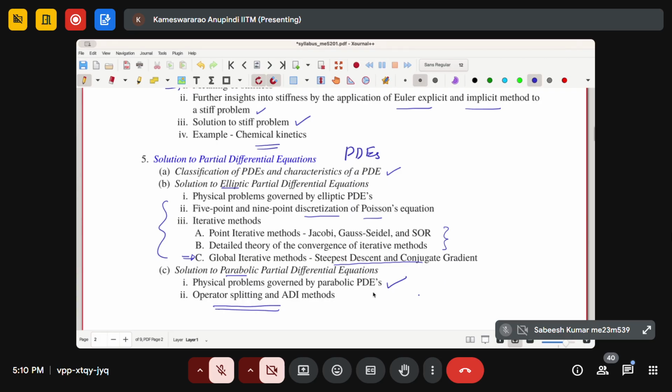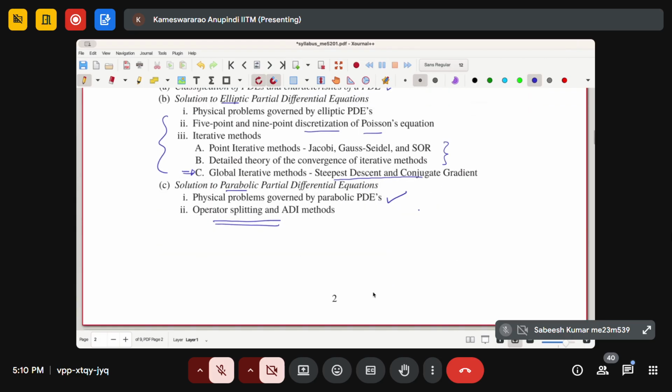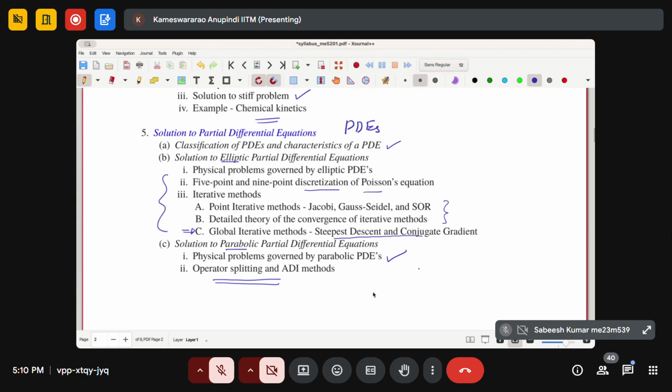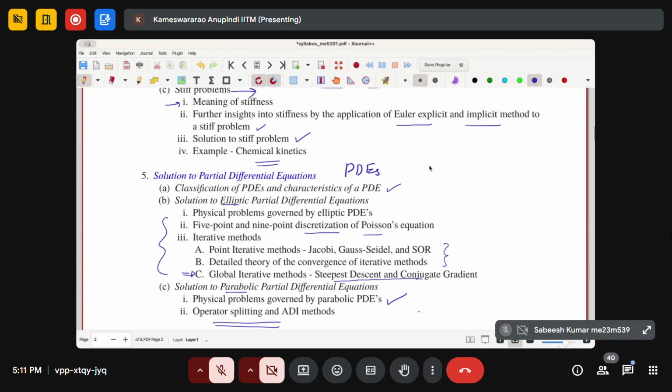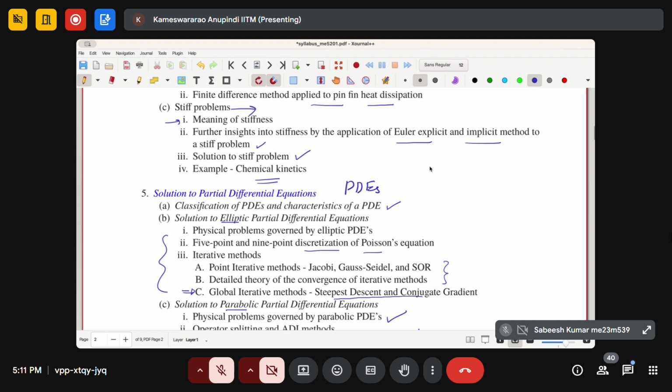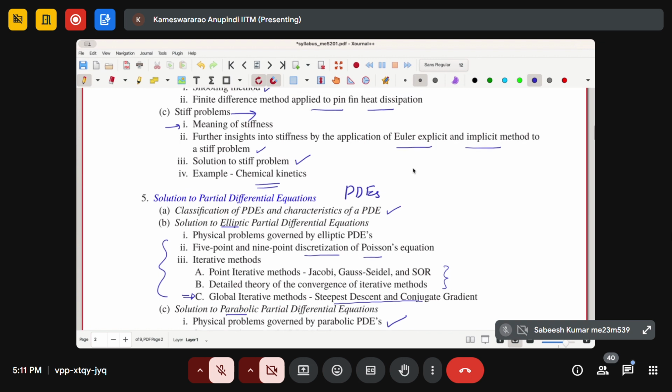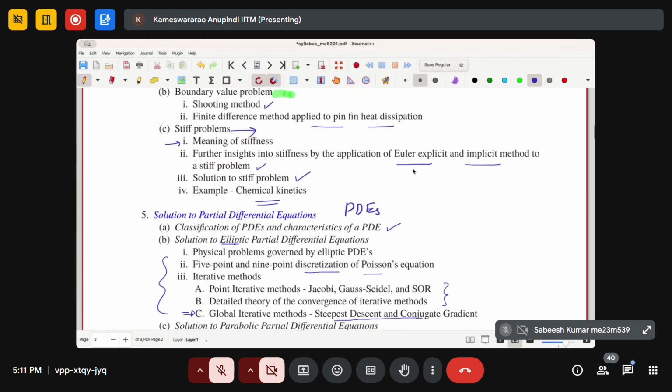So we want to make some connections. But primarily the course is on the computational methods which are supposed to cover a wide variety of application problems that we encounter.